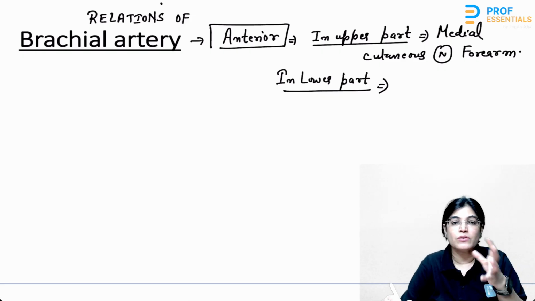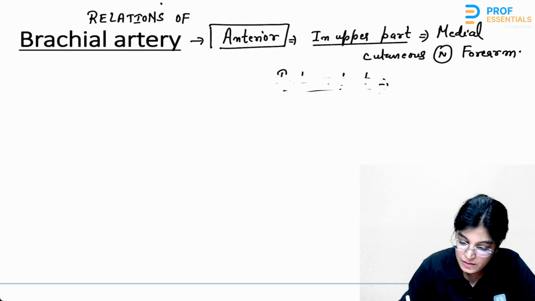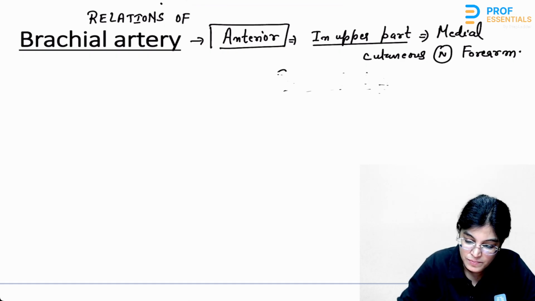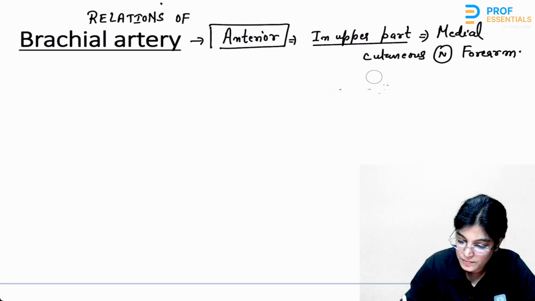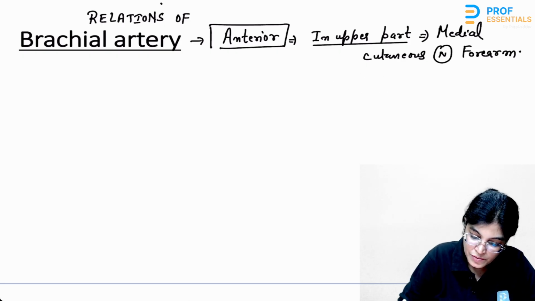We can categorize the relations into three parts: upper part, middle part and lower part. Please write down, categorize the relations into 3 points. So this was the first point of relation anteriorly.